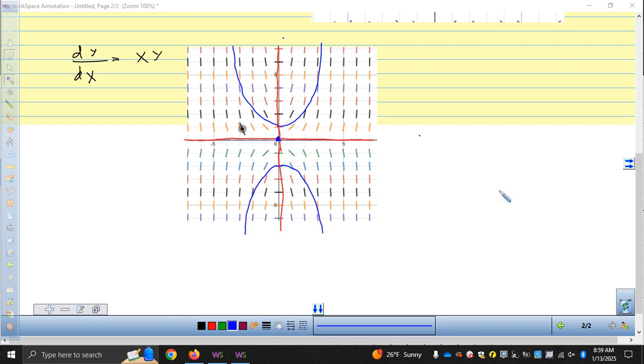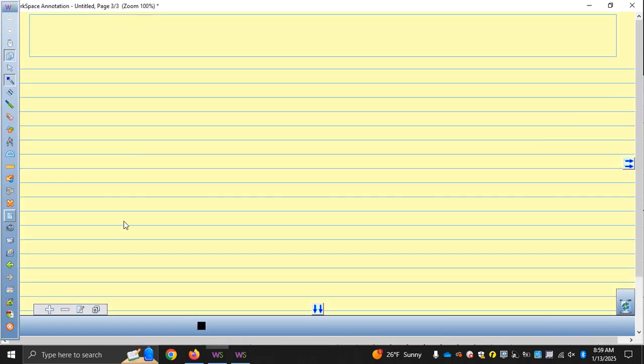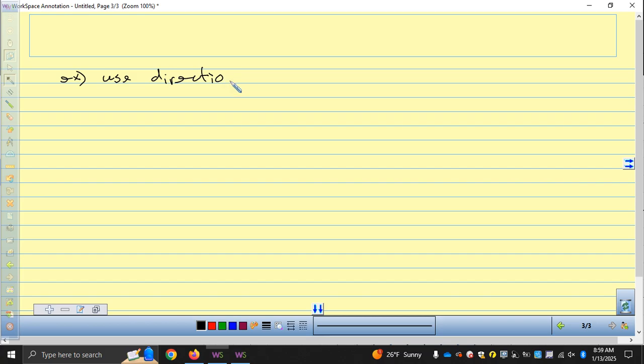All right, so questions about using technology to generate a slope field and sketching solution curves. Now for solution curves, we don't have to be super precise about where they are, just generally get a shape of the solution curve. So let's say we want to, we'll talk about an initial value problem. So we want to use a direction field.